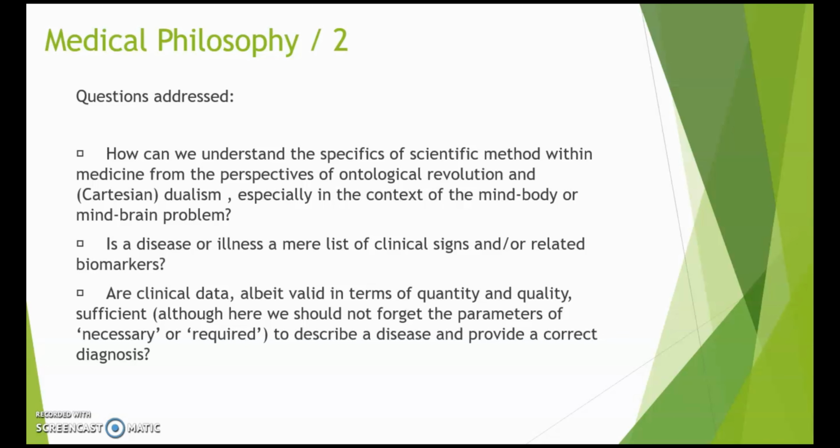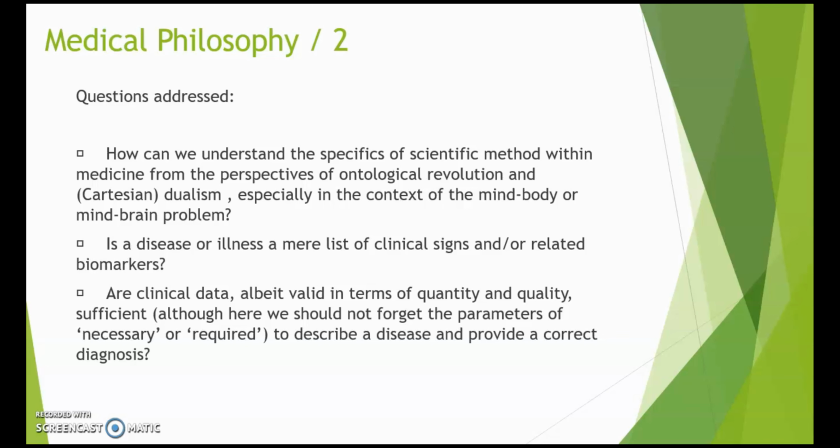All right, how can we understand the specific of scientific method within medicine from the perspective of ontological revolution and Cartesian dualism, especially in the context of mind-body or mind-brain problem? So how do we know what we know? We could summarize this question in this way, okay?